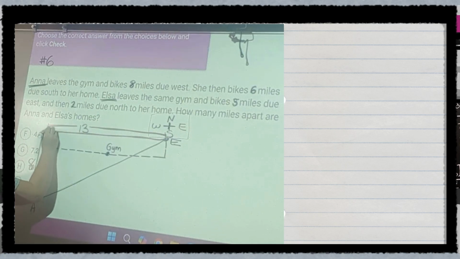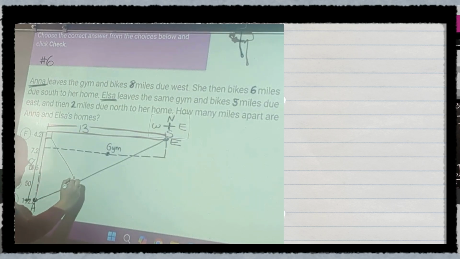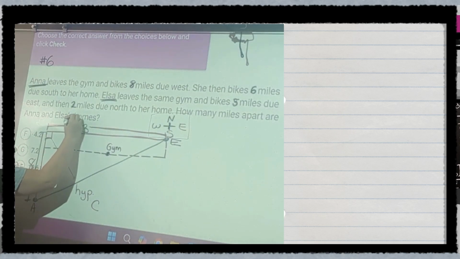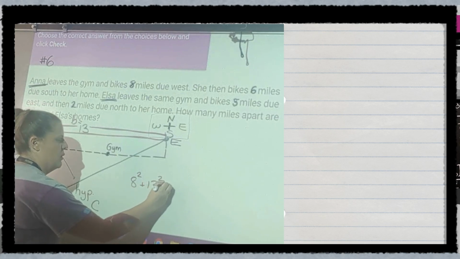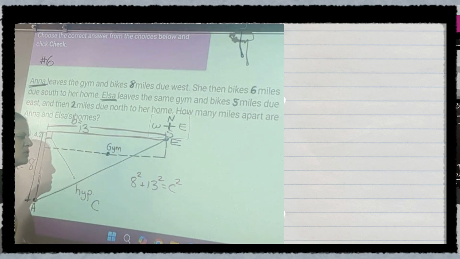We have a right triangle because she took a turn due west or due south from west. I have a hypotenuse, so I can call that C. I have 2 legs that I can call A and B, which means I have 8 squared plus 13 squared equals hypotenuse squared.